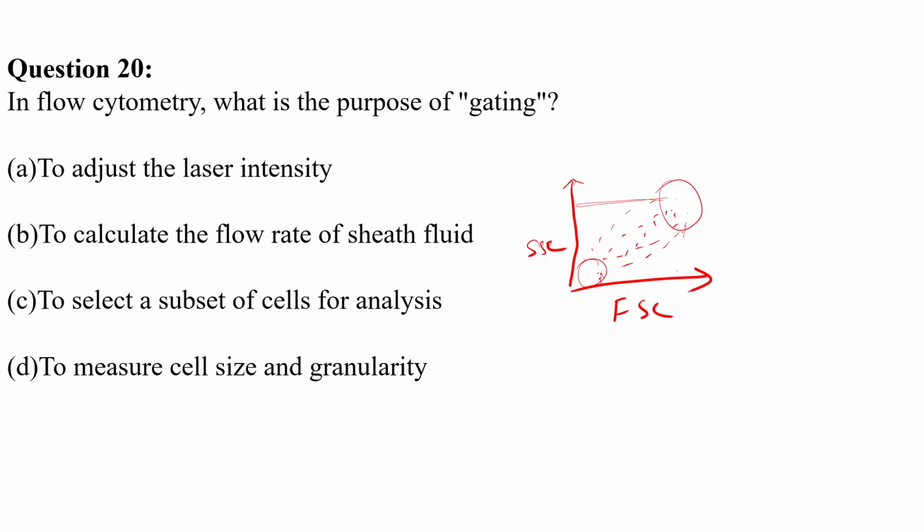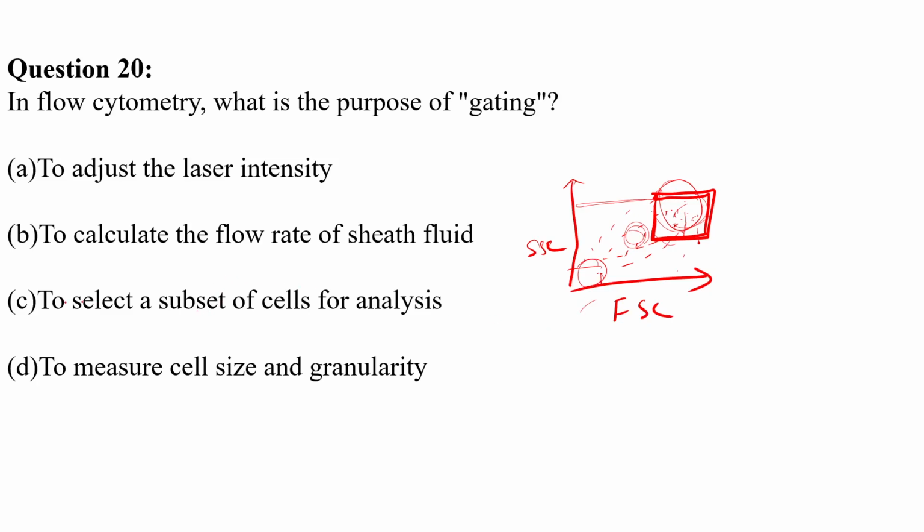This region has lower forward scatter and lower side scatter. And this region has medium. Now let's say I am interested in looking at this region. So what I'll do is gating. Gating basically means I'll look at this subset only. I'll ask my instrument to look into this subset and take the readings in this subset so that I can get a better idea of what is there in the mixture where we are getting high side scattering and high forward scattering.